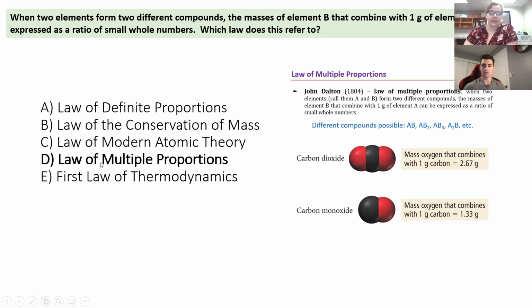The law of multiple proportions: here it shows carbon dioxide and carbon monoxide. Both are made out of just carbon and oxygen, but in different ratios, so they're two different molecules. Definite proportions means that if you have carbon dioxide, regardless of where you find it in the whole universe, you will have one carbon and two oxygens. And multiple proportions is that you can make both carbon dioxide and carbon monoxide out of specific ratios of carbon and oxygen.